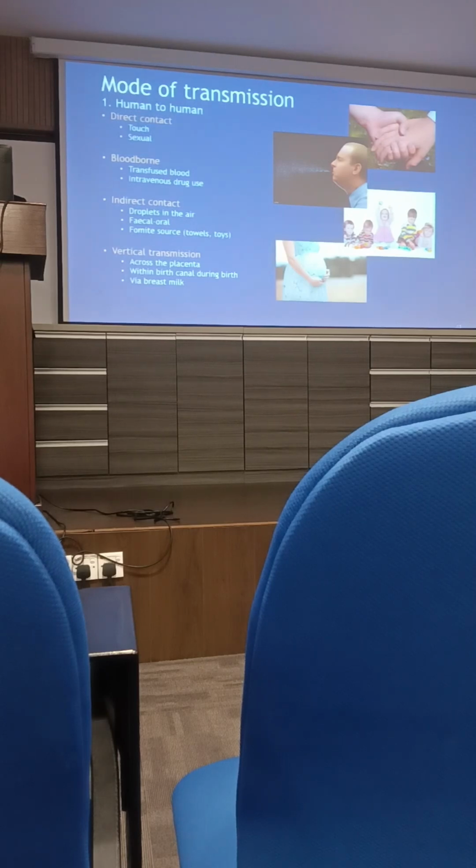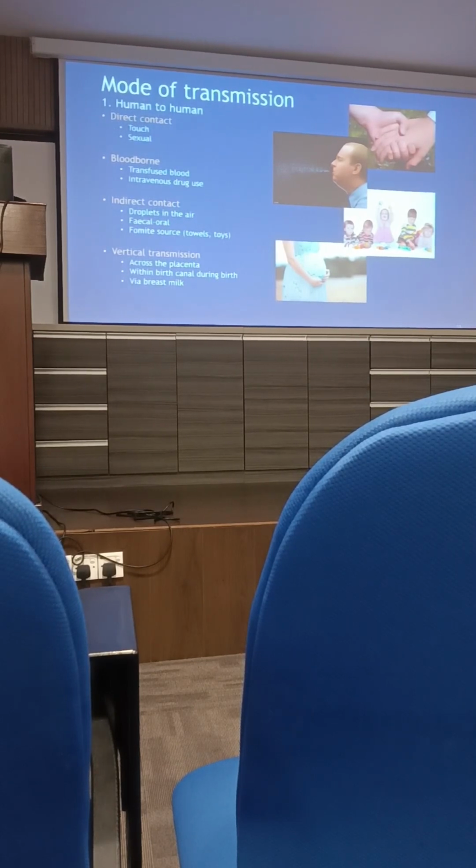Okay, so generally they can be transmitted from human to human through touch, or sexual activity, via blood-borne, via contaminated blood that is transfused, or through IV drug use. Indirect contact from droplets in the air, fecal-oral, and fomite.